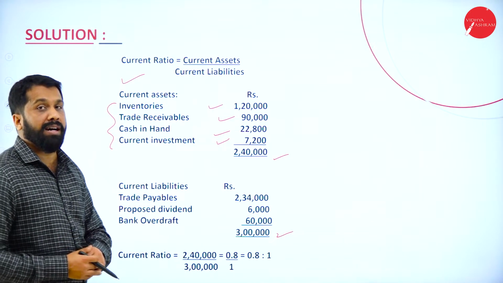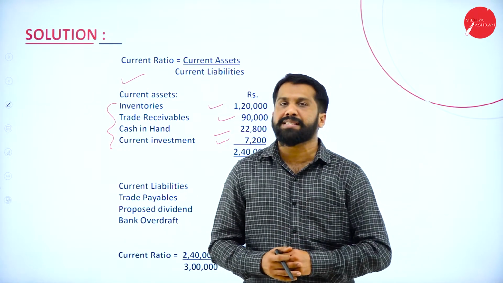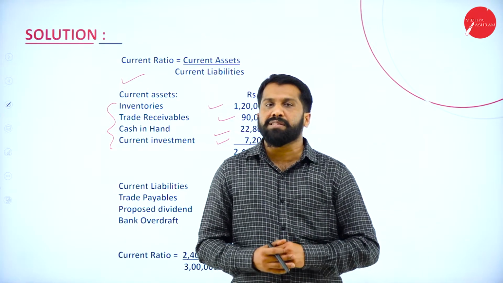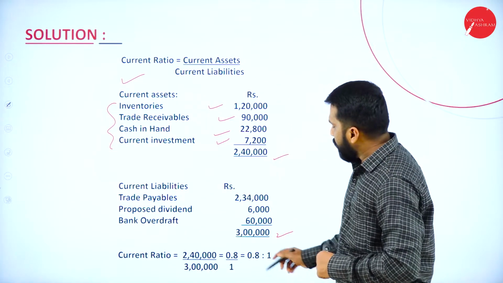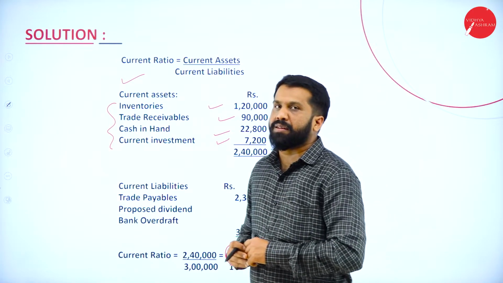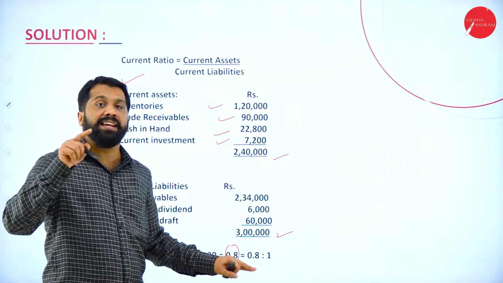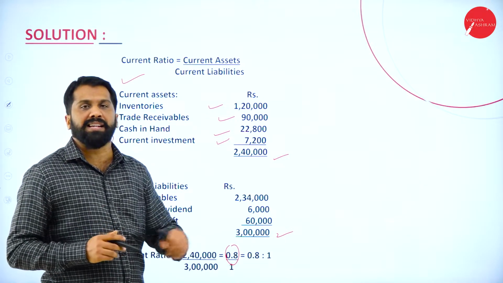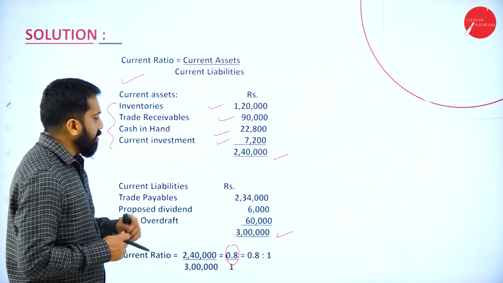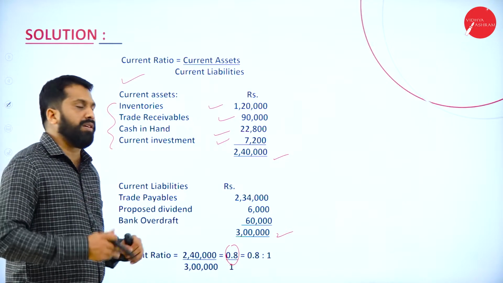Is it favorable or adverse? As per this information, we call it adverse. Why is it adverse? Because your receivable is lesser than your payable. It means if payable is 1 rupee, your receivable is only 80 paisa. So this is what we call your current ratio. We'll go for quick ratio.